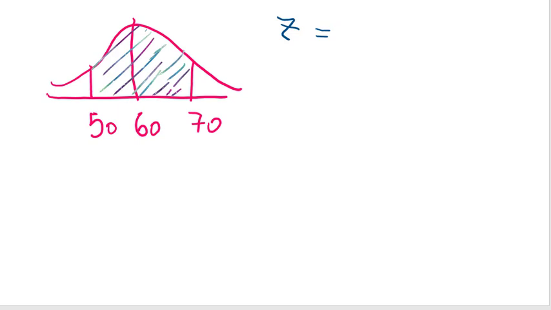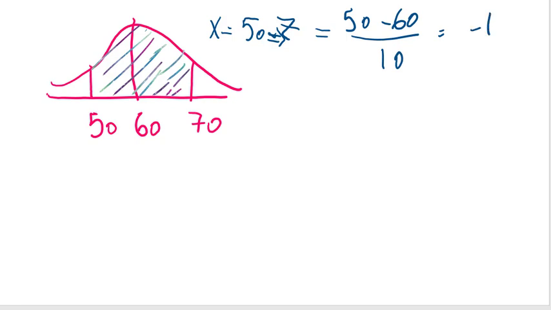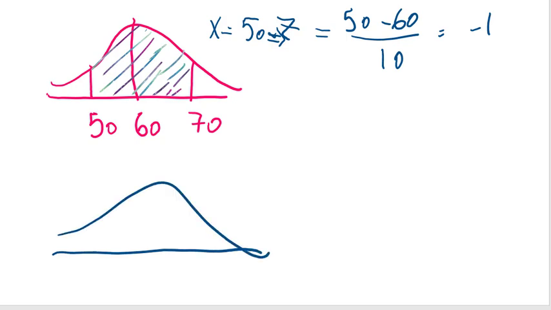So the Z score, X is equal to 50, so the Z score would be 50 minus 60 divided by 10, so it becomes minus 1. So I can have my standardized scores when the mean is equal to 0.